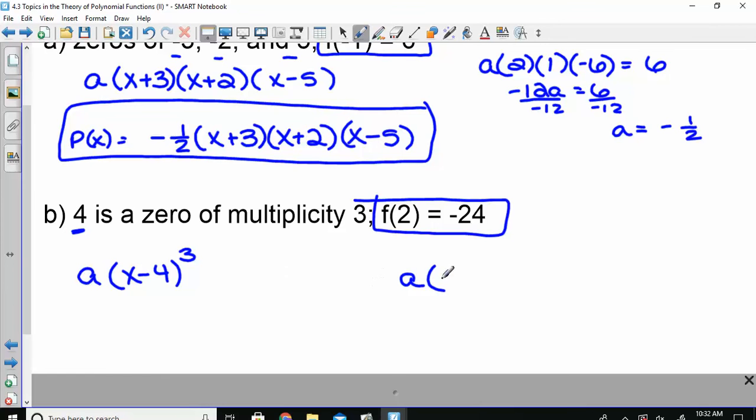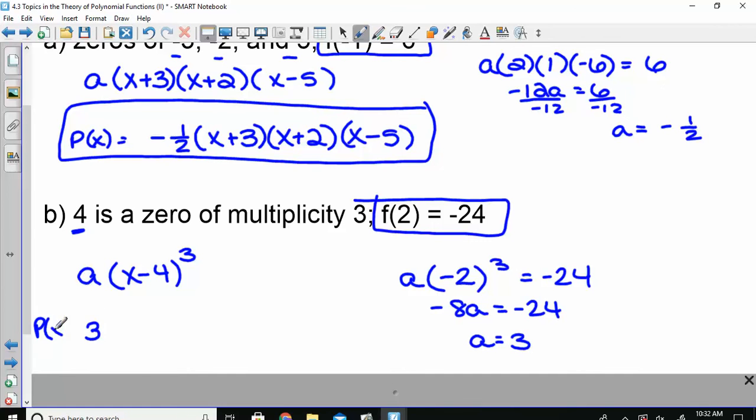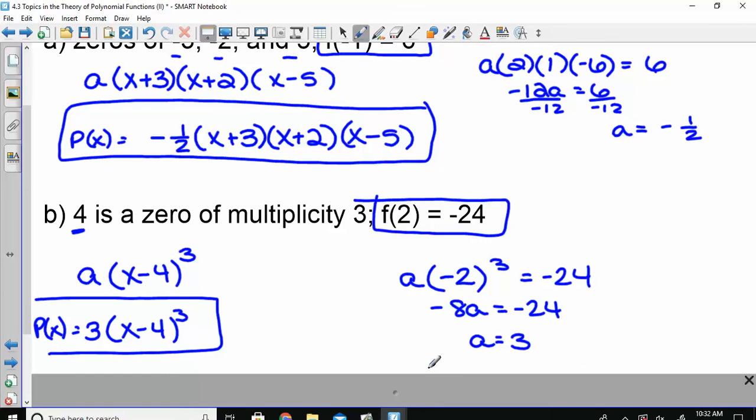So if I plug in a 2, 2 minus 4 is negative 2 to the third equals negative 24. Negative 2 to the third is negative 8. If we divide by negative 8, we get 3. So my polynomial is 3 times x minus 4 to the third.